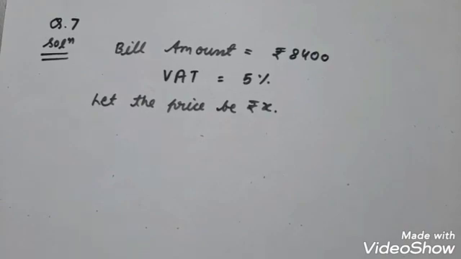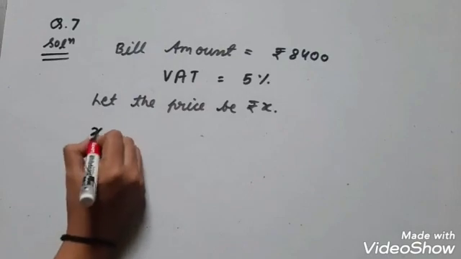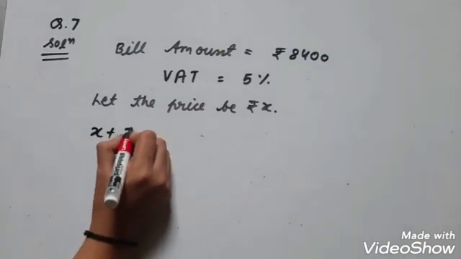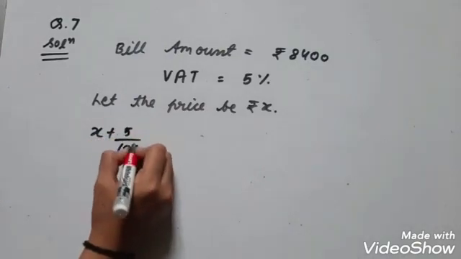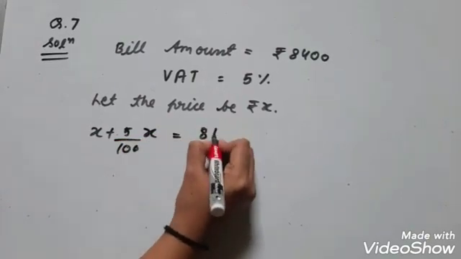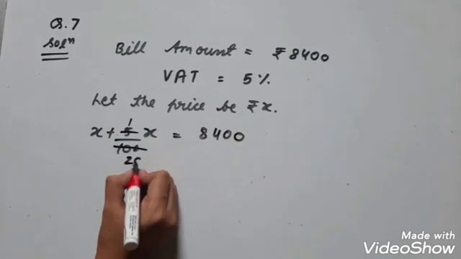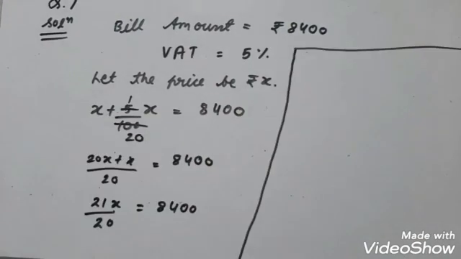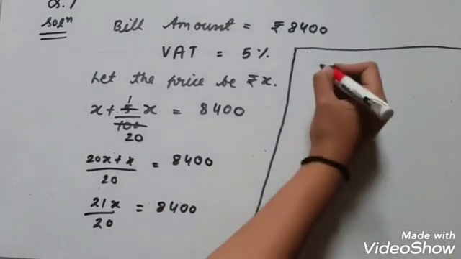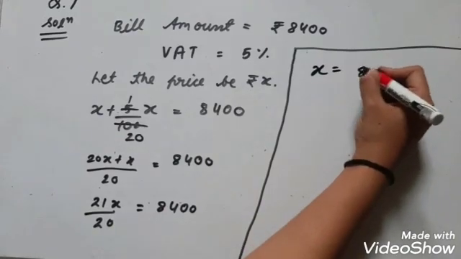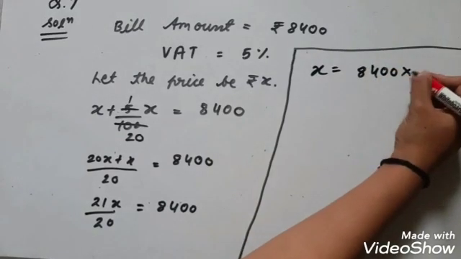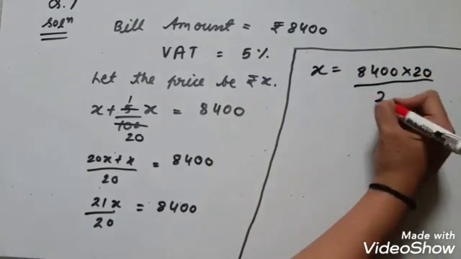Now the same process we have done in previous questions. So X plus 5% of X is equal to 8400. We will calculate this. We can simplify here, and we will do these steps. Then we will find the value of X, 8400 into 20 upon 21.